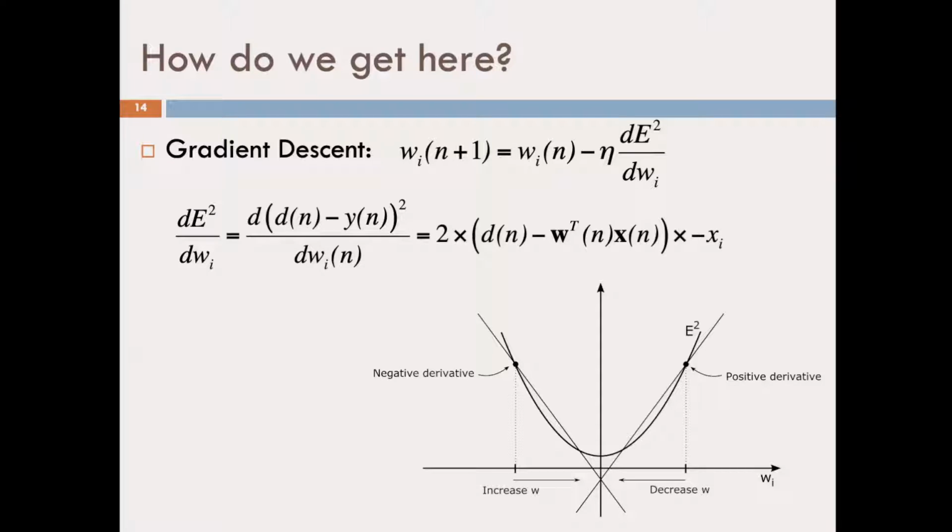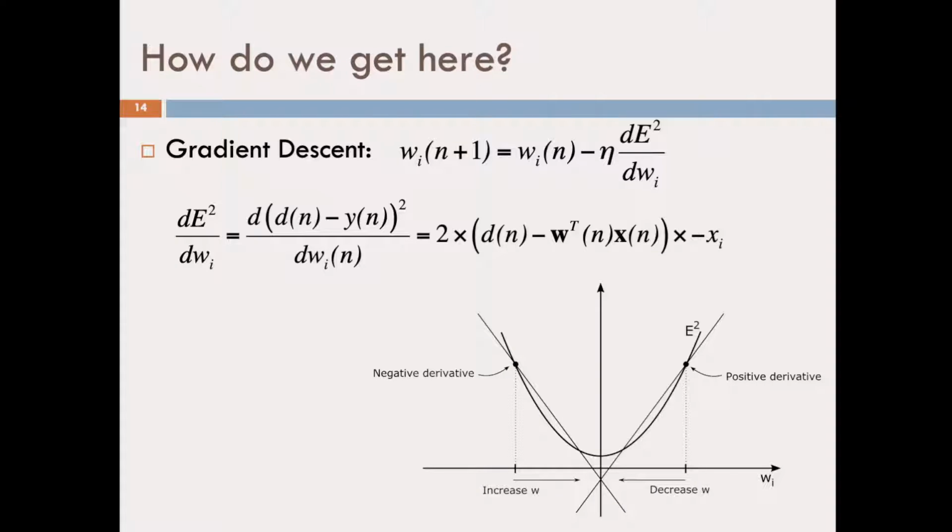So, for example, in the vector formulation, we are going to calculate the derivative of the error in the direction of the vector w. But we have to do this for all positions of the vector w, because we are adjusting all the weights. So how do we calculate this derivative?